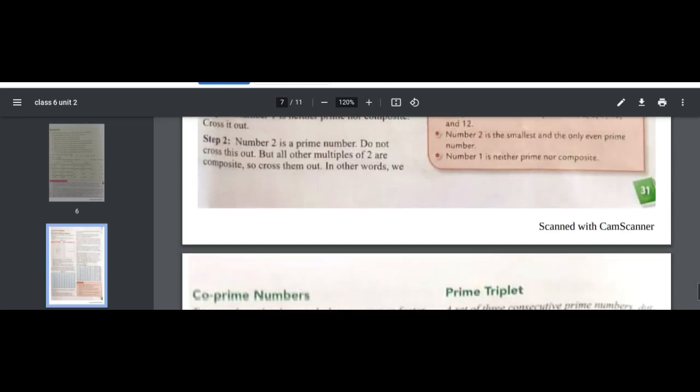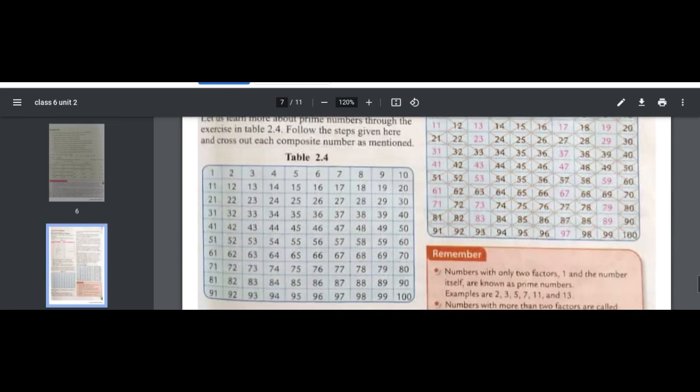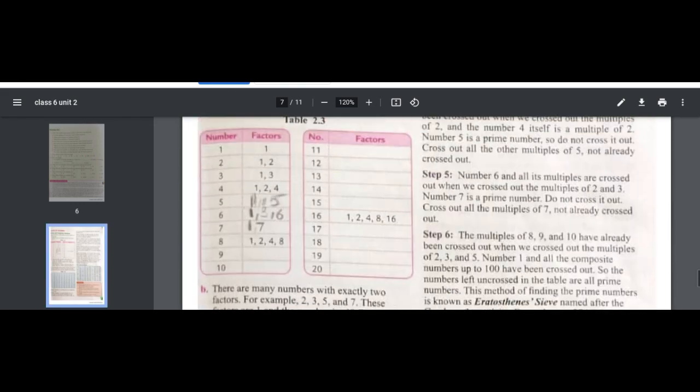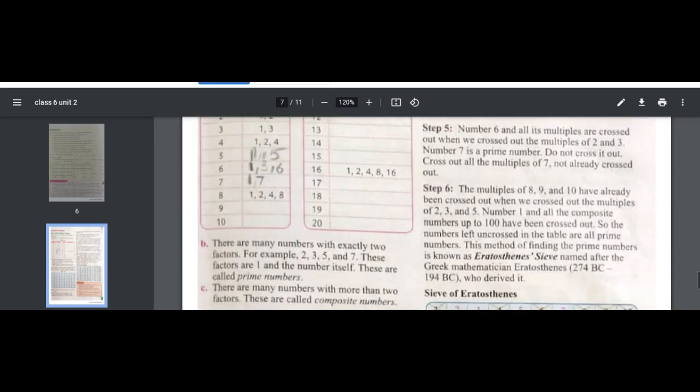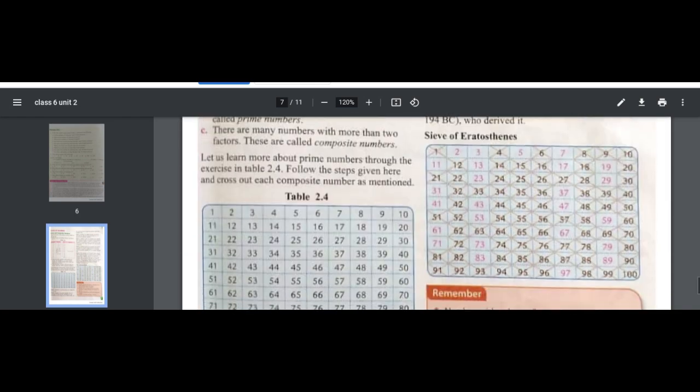So now we have to look at the table 2.4. When we look at the cross on the table, where they put the cross on composite numbers, can you just look at 17 and 19? 17 and 19 are prime numbers because they are divisible only by one and themselves.